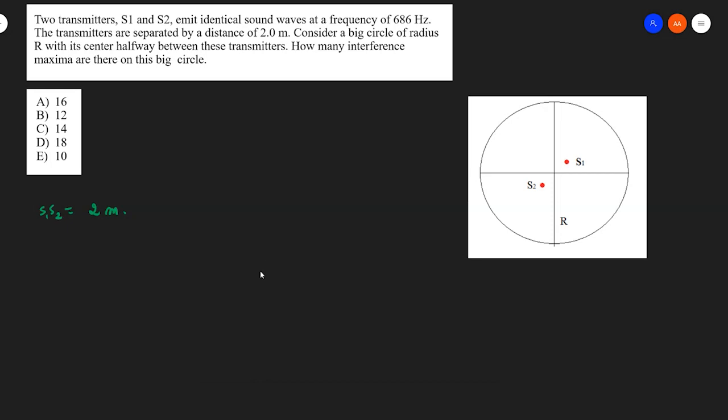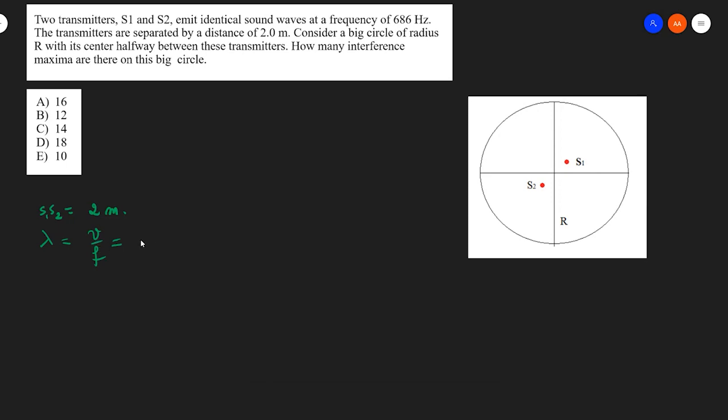Now, what's the other information that we can have? The lambda. We need to get lambda. In all these problems of interference, most of the time we should get lambda. Lambda is V over F. The velocity is not given here.